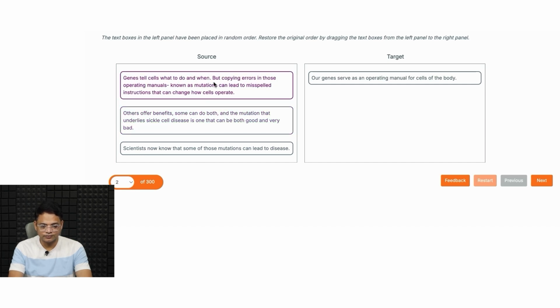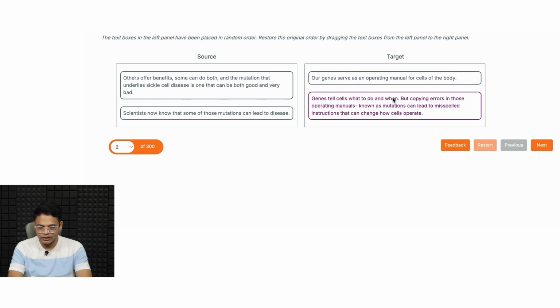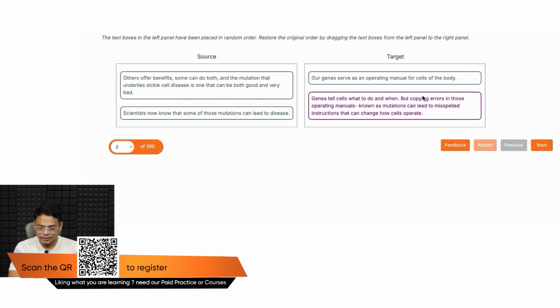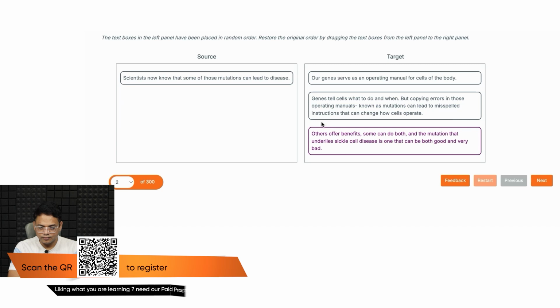So I think we can go with this one, because manual and operating manual, both are there, right? Okay. Known as mutations can lead to misspelled instructions that can change how cells operate. Some mutations do this, others, okay. So this can be the third one, right?